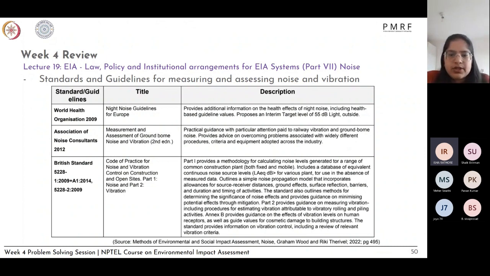And so it talks about the construction and open sites activities and controlling noise and vibration in those areas. Again, vibration is one of the main problems being faced in construction activities. So that is also one of the vibration control aspects being looked at by the British standard.